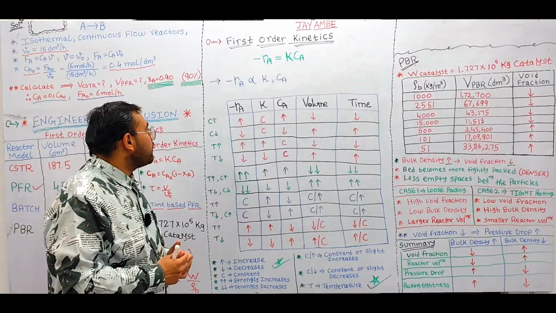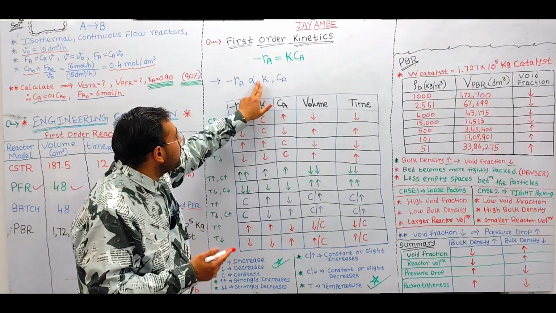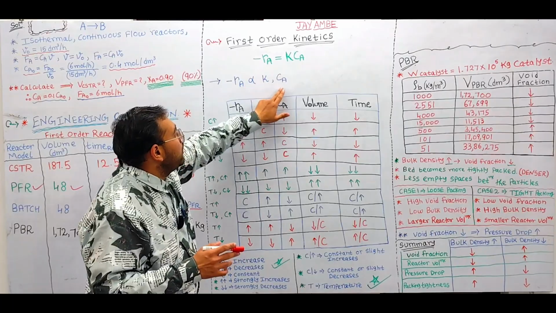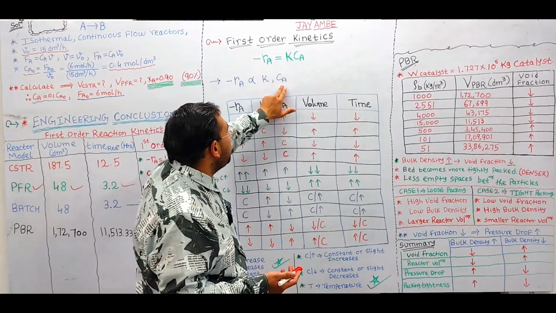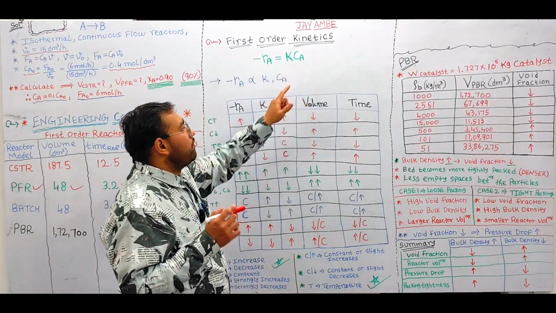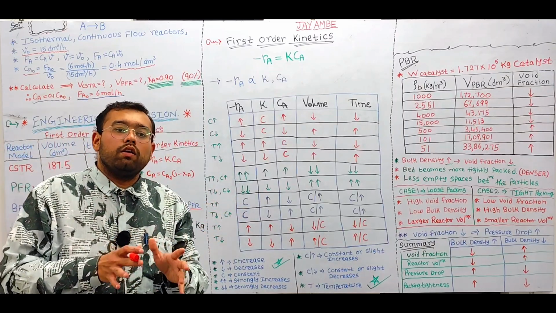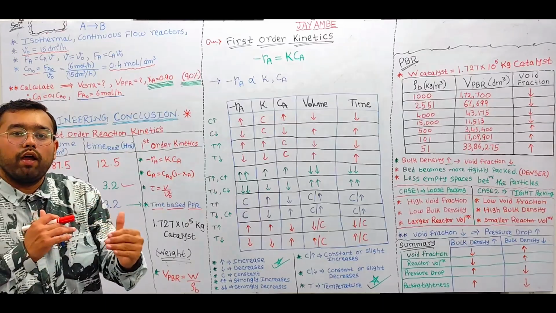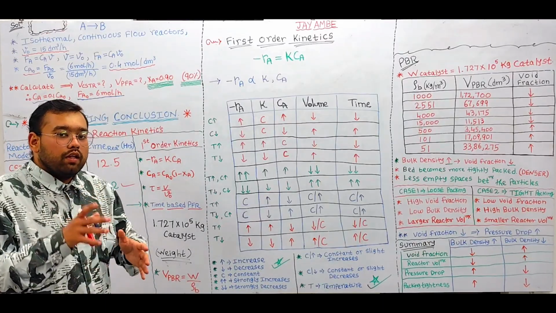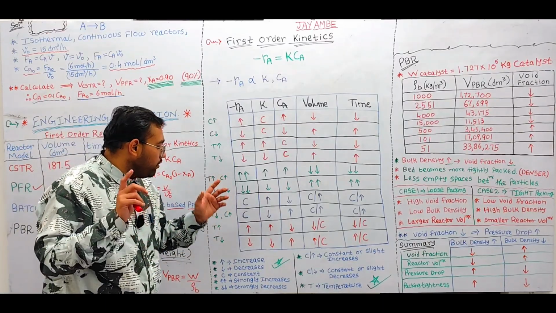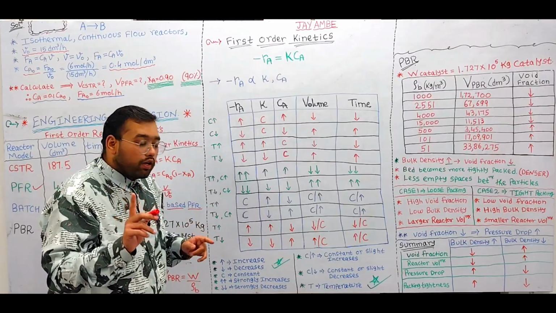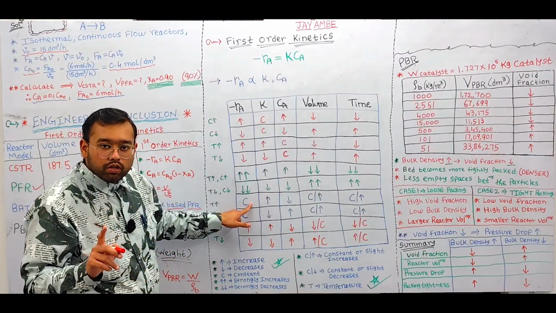In the first effect we are increasing the rate constant value, and in the other effect we are decreasing the concentration value. So these two opposite effects nullify each other, and for those reasons the reaction rate will remain constant.